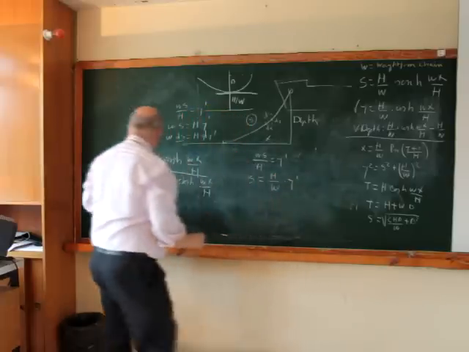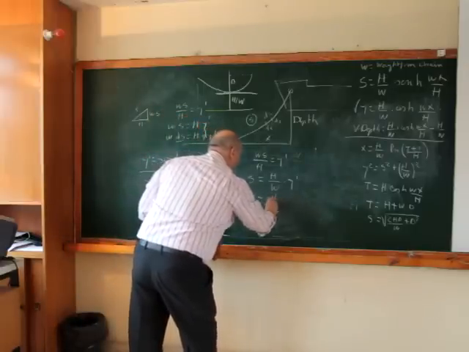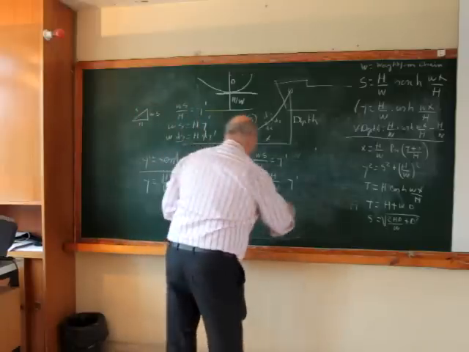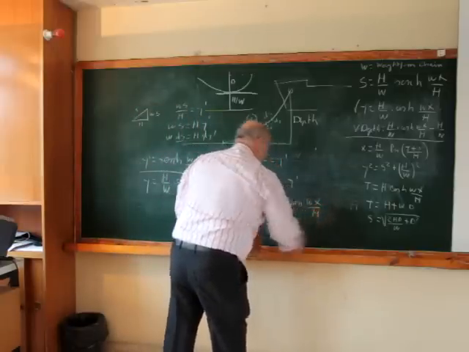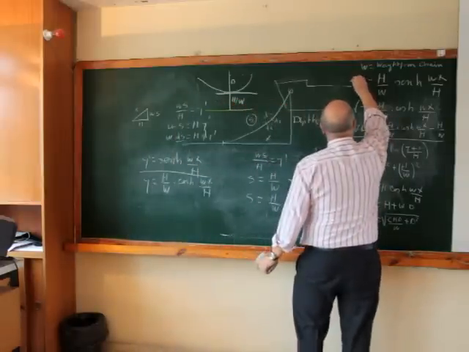And as the value of the first derivative is this one, s equals h divided by w by the hyperbolic sine of wx divided by h. So I have the third.